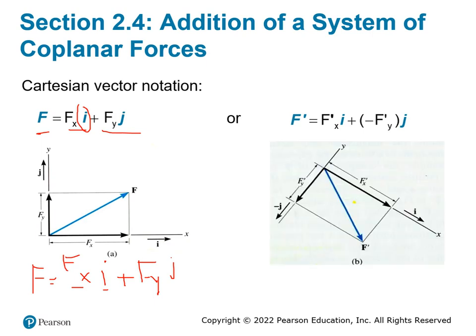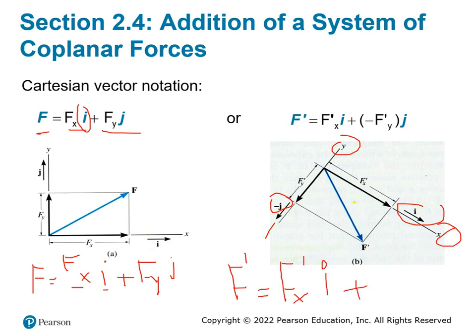Or else, let's say this example where we don't have a horizontal or vertical, it's just a random x axis and a perpendicular axis y. And we know that's i and that is in negative j. So the resultant F is going to be its first component, the magnitude of that component Fx times the direction i, plus the magnitude of the force Fy and then the direction which is negative j.